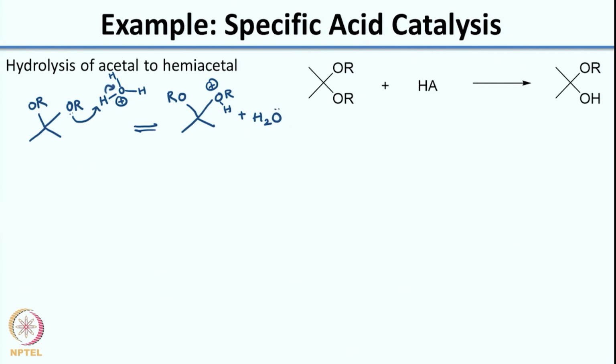Now there are two mechanisms that you can write once you get this product. One mechanism is where you have this lone pair coming down to give you this oxonium ion plus ROH.